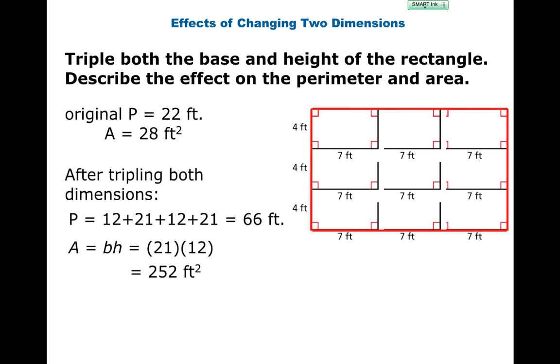The next row has 3 more, and then 3 more. So when you consider area, you are affecting the length and the width. You're affecting 2 dimensions when you figure area. So if you are multiplying this one by 3 and that one by 3, when you multiply together, 3 times 3 is going to be 9. So that's where it gets its 9 times as big.